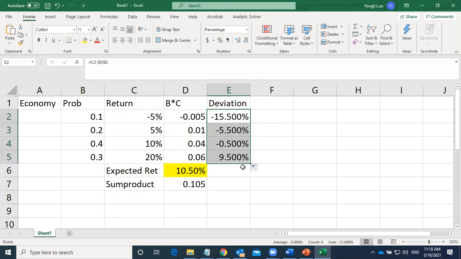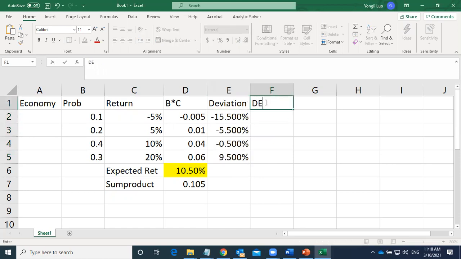So you can see the first number is 5 minus 10.5. That is your deviation. And now we're going to square that deviation. The deviation squared is going to be column E, and you square it.